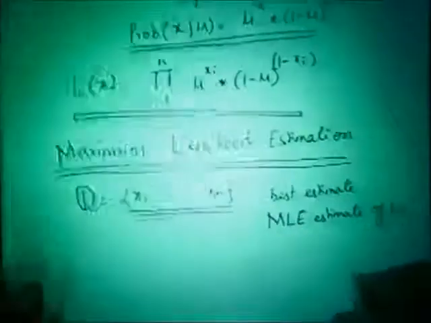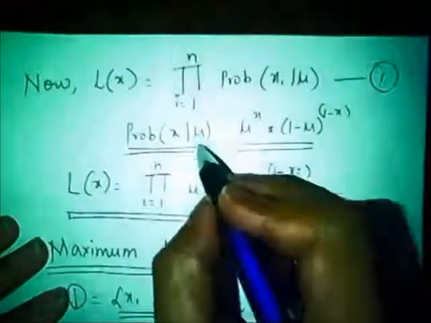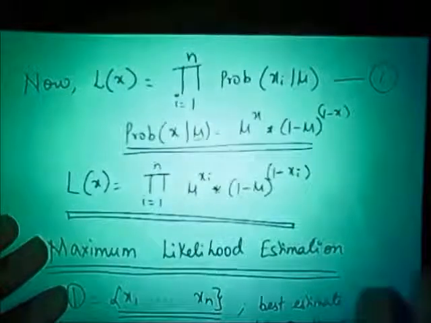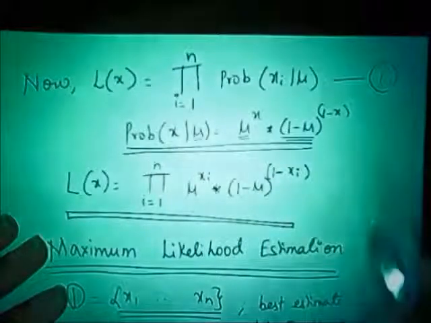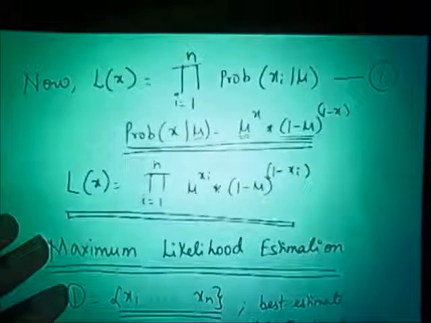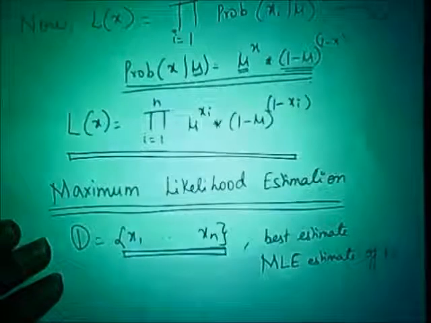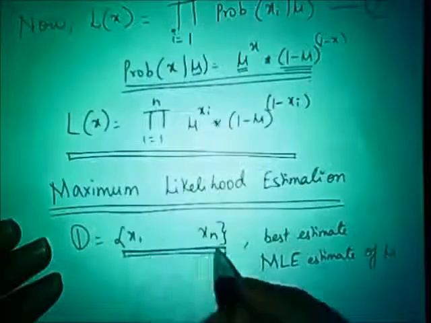I told you initially that x is distributed depending on the parameter mu, but we have never gotten a single value of mu. I told you that this is the distribution of x given a parameter mu. So what we are trying to do now is that since we have all of this data, from this data we are trying to get a particular value of mu which would probably make getting this particular set of data the most likely.